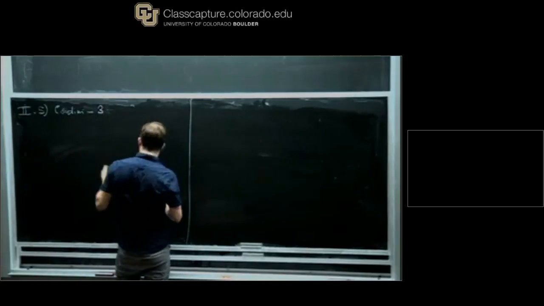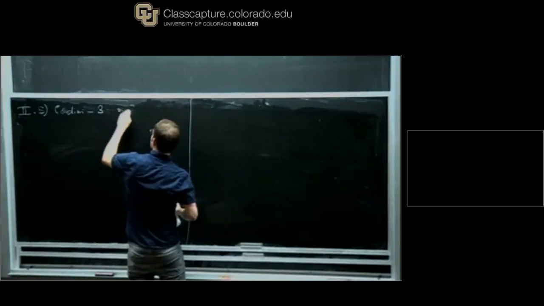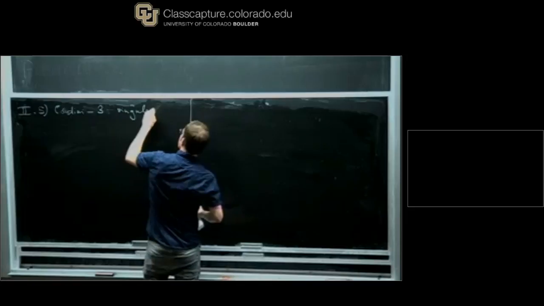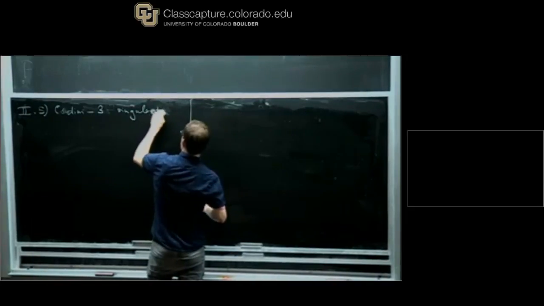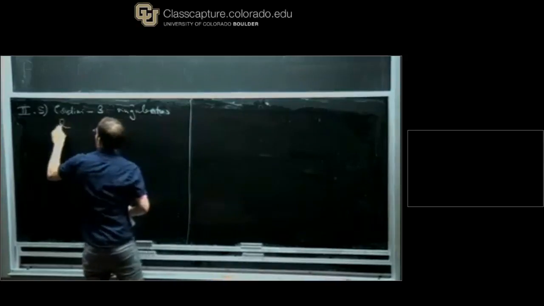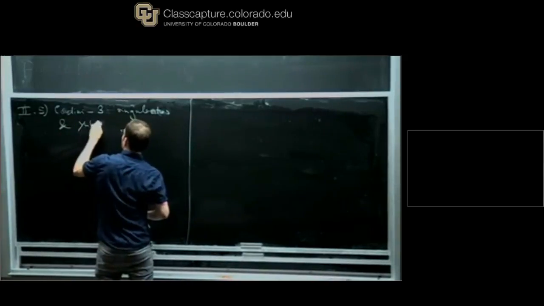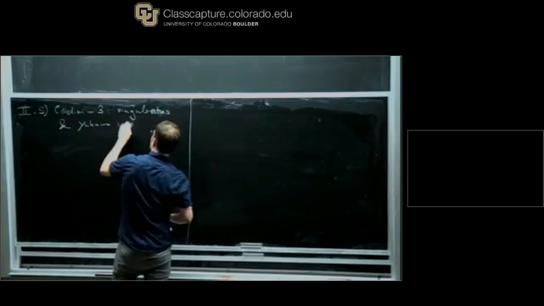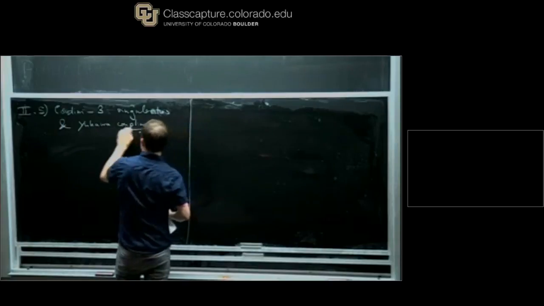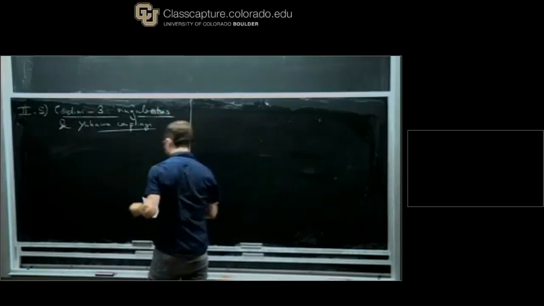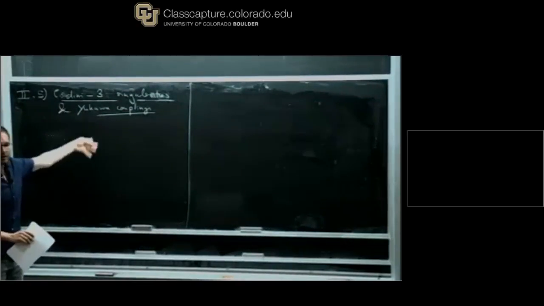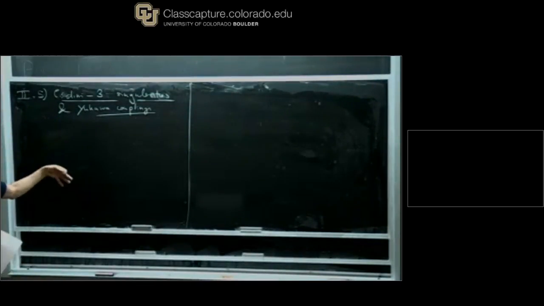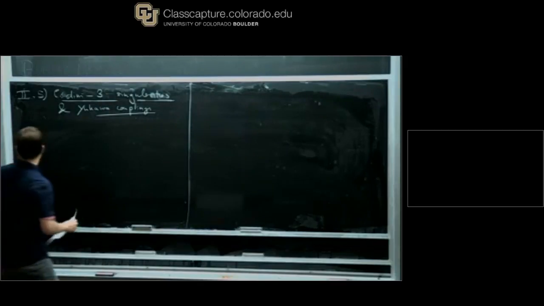And these are associated now with codimension 3 singularities. So codimension 3 singularities can occur beginning with Calabi-Yau fourfolds, where the base is a threefold.